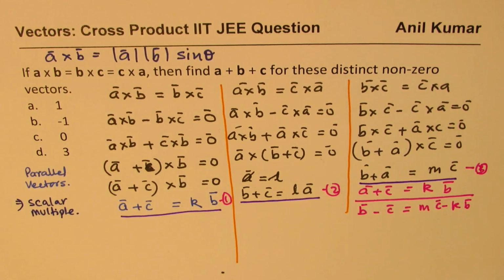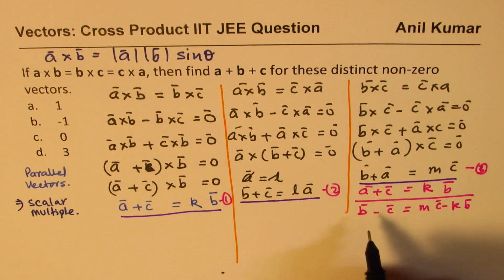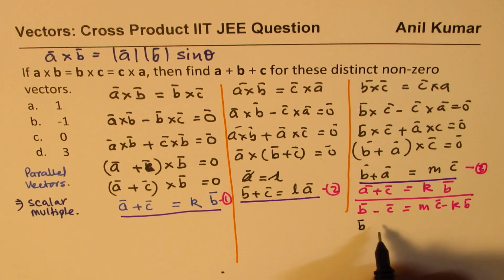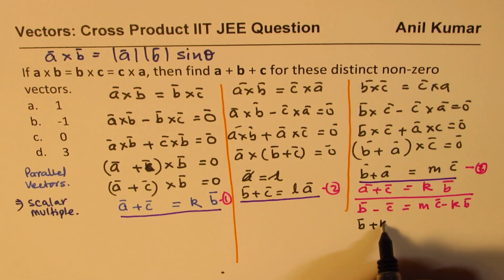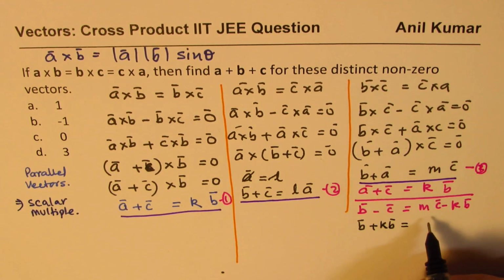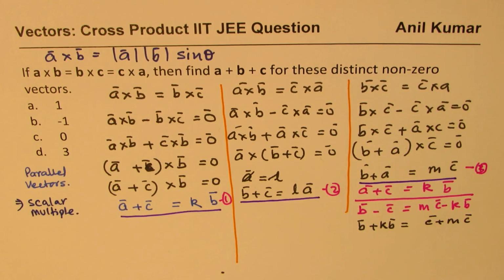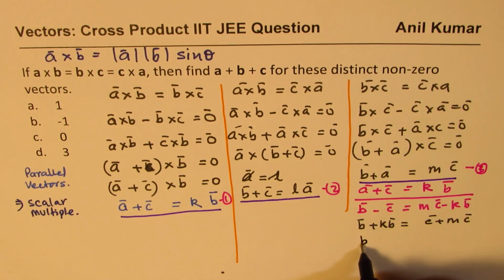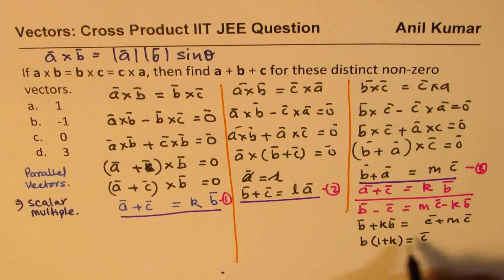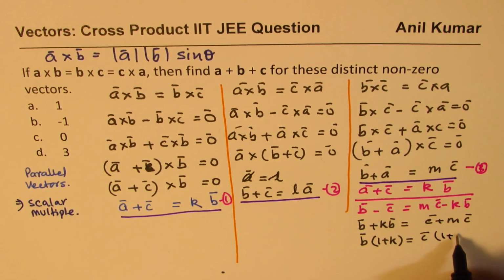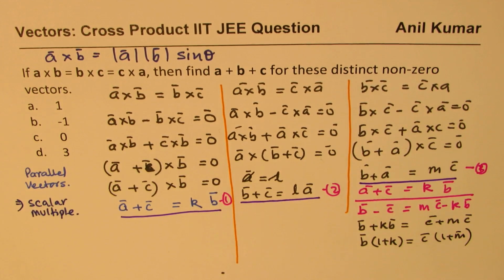Right? So that also means that bringing them together, we could write this as B plus KB equals C plus MC. Or vector B times (1 plus K), the scalar multiple, and taking C common, (1 plus M), they are equal.